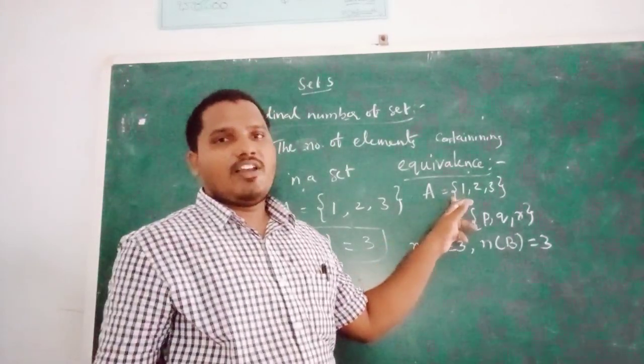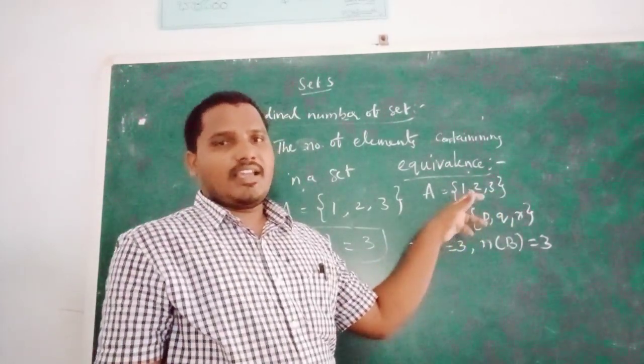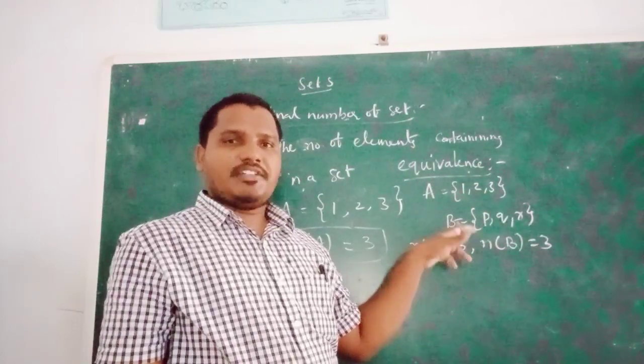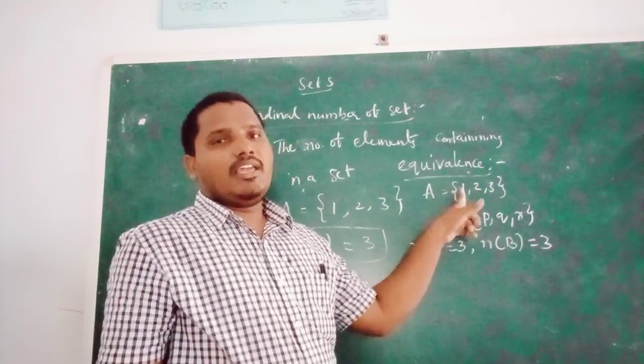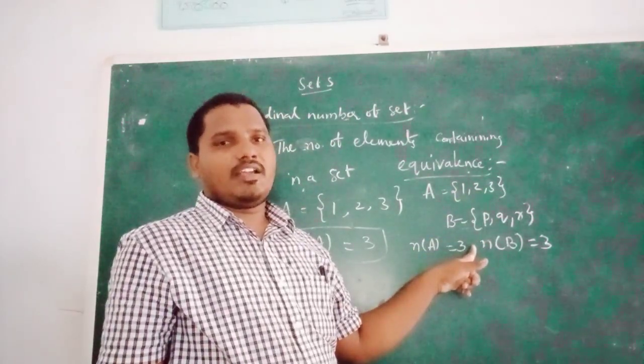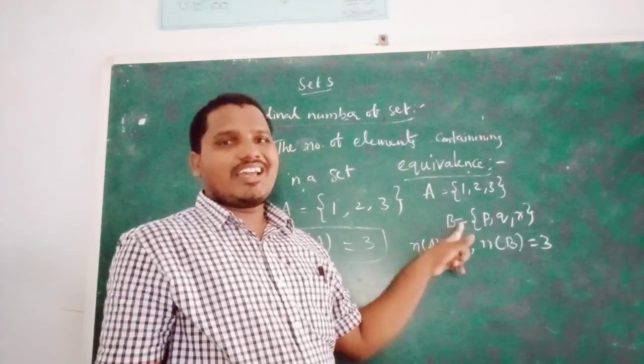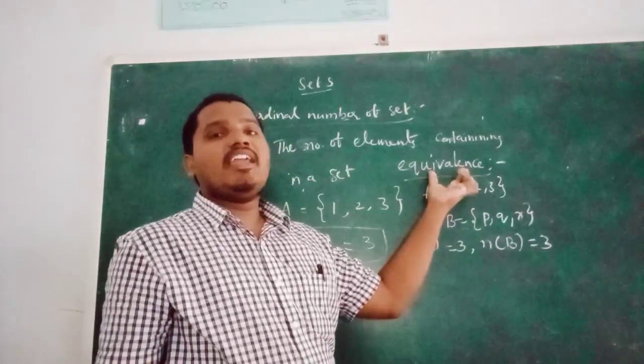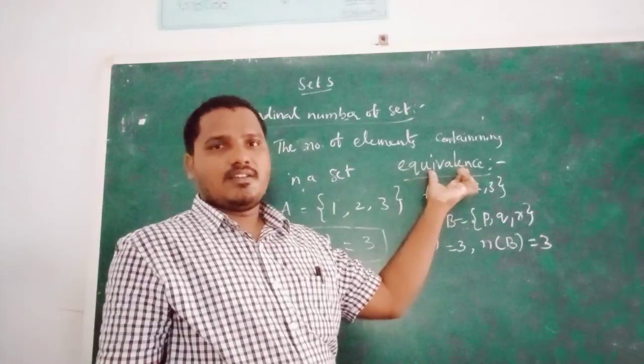The number of elements is 3 in set A and also 3 in set B. These two cardinal numbers are equal, so these types of sets are called equivalence sets.